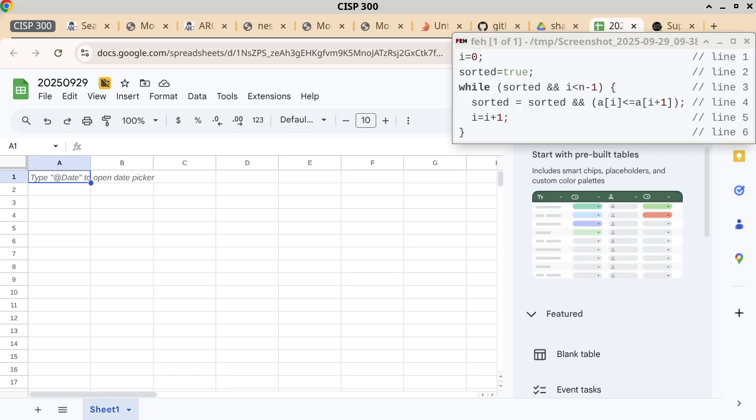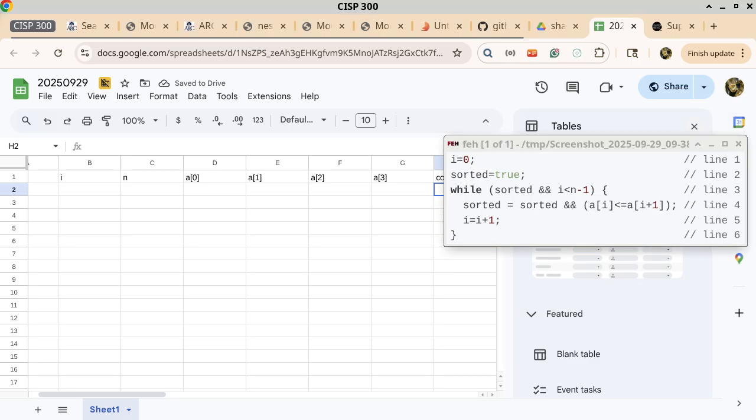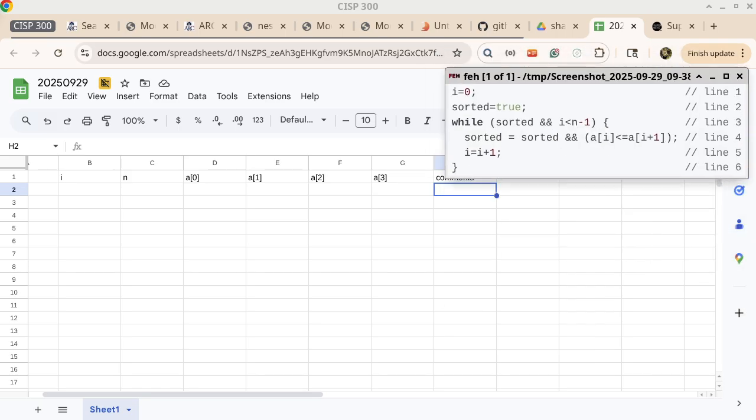All right, so this is sheet number 1. Let's go ahead and set up all the columns. We have line number, we have i, we have n, and then we have the array itself. This time the array has 4 elements, and we always start with element 0. That's one of the rules related to how we use arrays. So this is how we set up the different columns, and we're going to get rid of this portion here so it doesn't get in the way.